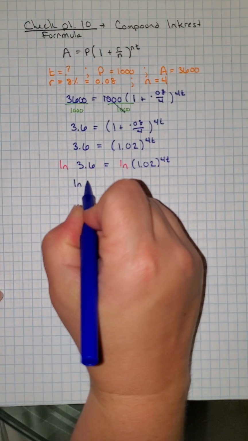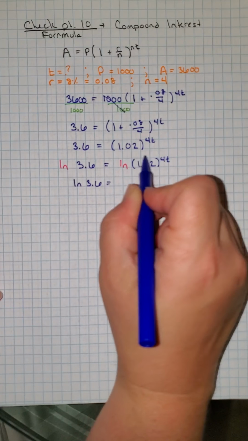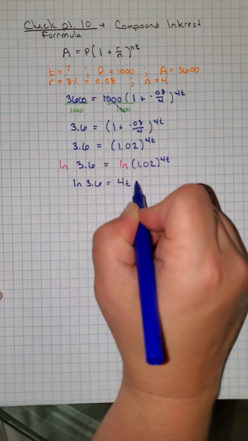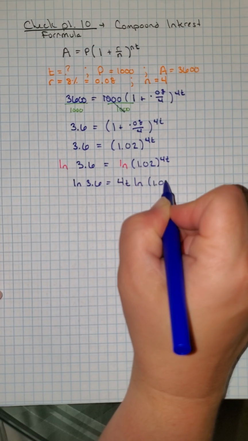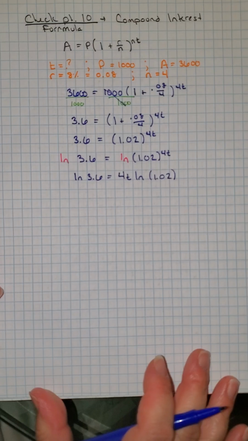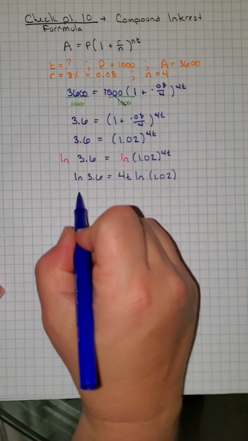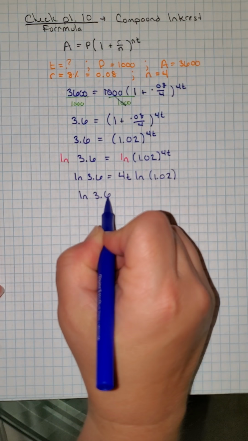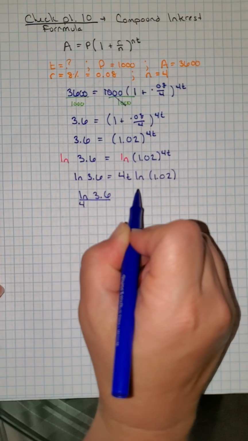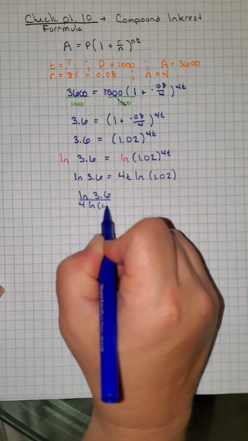So natural log of 3.6 equals, I'm going to bring this down in front, 4t times the natural log of 1.02. Divide by 4 and the natural log of 1.02.